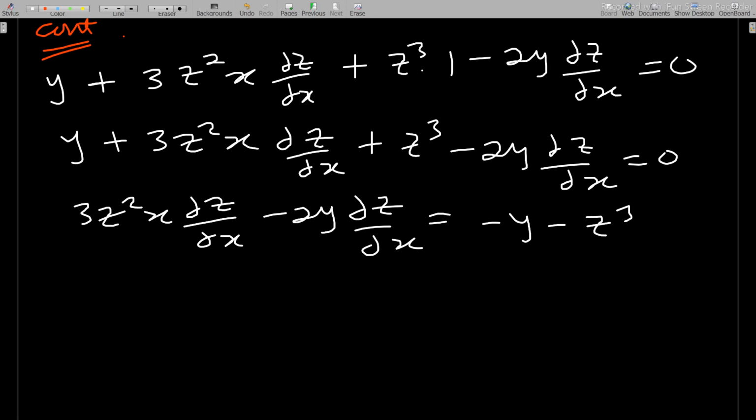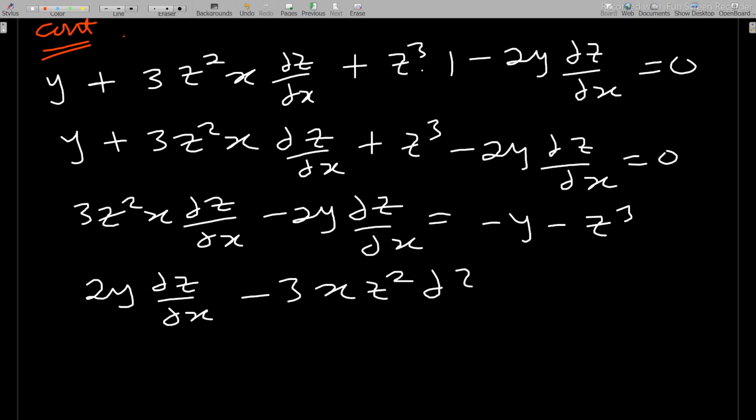Now with this, what we can do is divide through by negative, so that we get something like 2y del z del x here minus 3xz squared del z del x. I just wanted our right side to be positive, y plus z cube, like this.